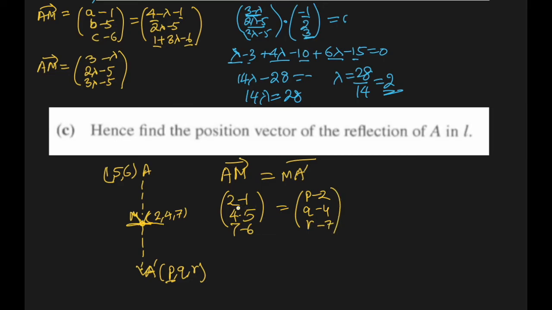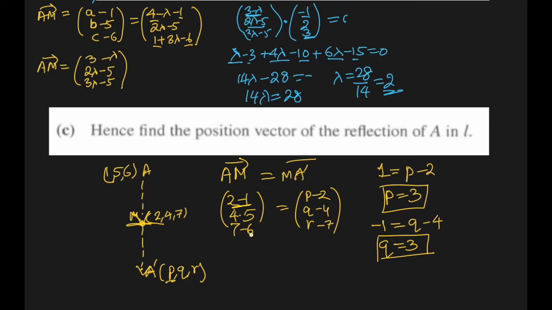And now we can simply equate x components with x, y with y, and z with z. So 2 minus 1 is 1, equal to P minus 2. So 2 comes here, P becomes 3. What about Q? 4 minus 5 is negative 1, equal to Q minus 4. So it comes here, becomes positive 4, 4 minus 1, 3. Q is also 3.